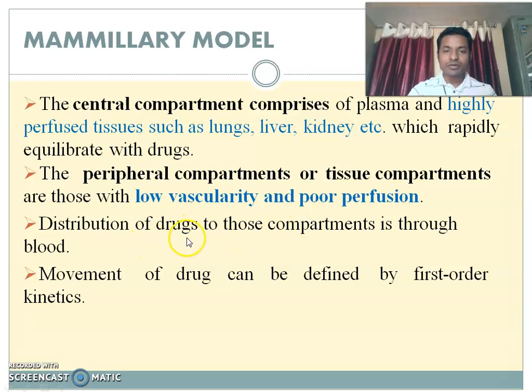The distribution of drug to this compartment occurs with the help of blood. Then the movement of drug can be defined by first-order kinetics, right? First-order kinetics means it depends on the drug concentration. The movement of drug is from high concentration to low concentration, based on the concentration of drug.